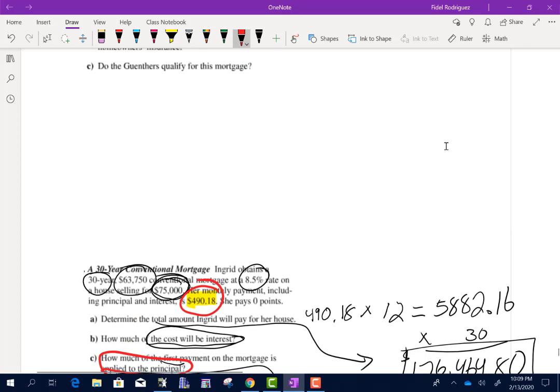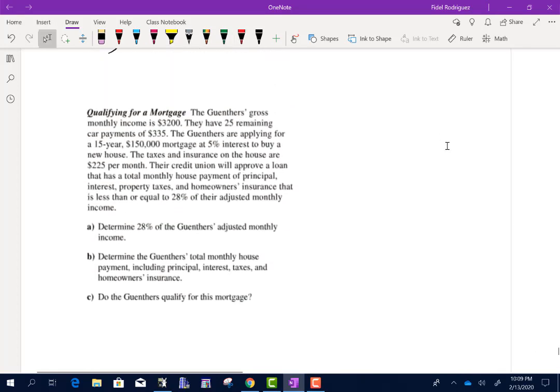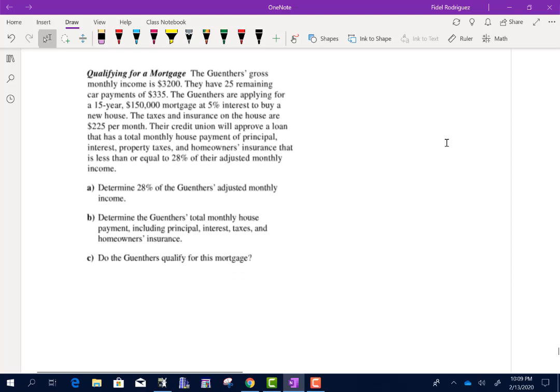All right, let's come back over here and take a look at this problem that we still got to do. It says the Gunthers' gross monthly income is $3,200. They have 25 remaining car payments at $335.